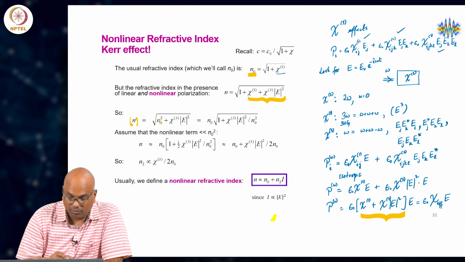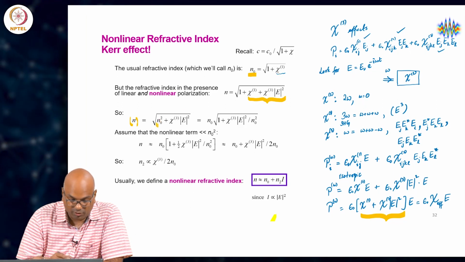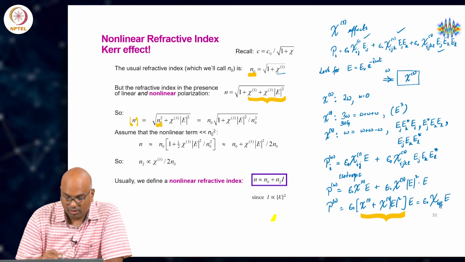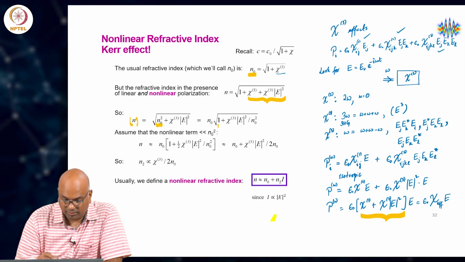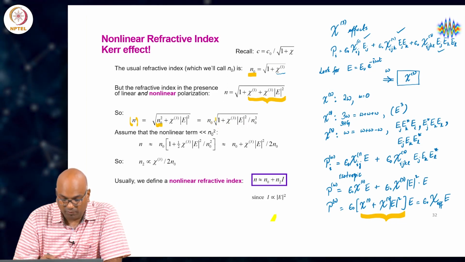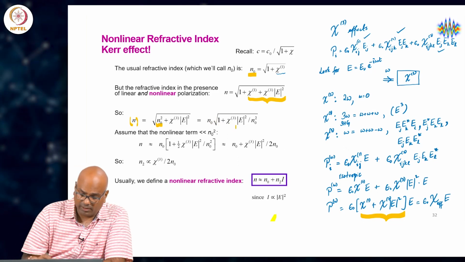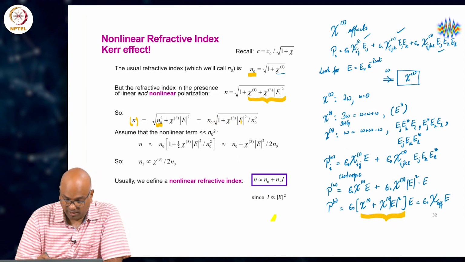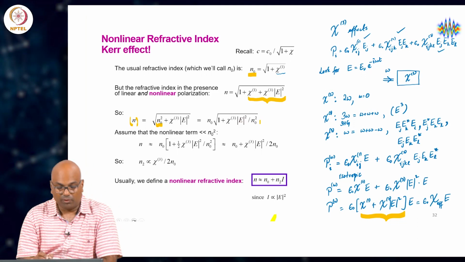Okay. So, this 1 plus chi 1 is n naught squared. And then we have here a simplification where we pull n naught out of the square root sign and we have 1 plus chi 3 absolute value square of E divided by n naught square.